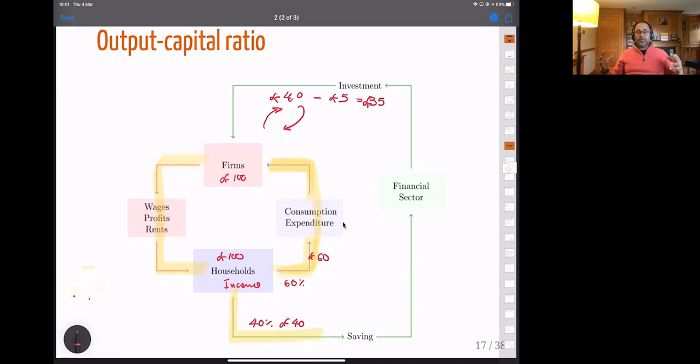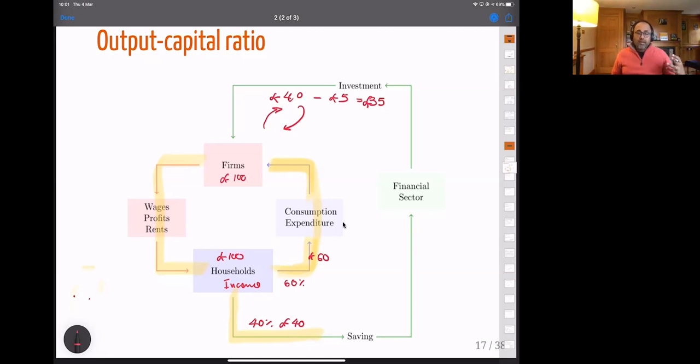Depreciation is not new capital goods. The new capital goods is total investment minus the depreciation. And that £35 of new capital goods is new capital stock for the economy. So the way the new capital stock comes about for the economy is simply this.